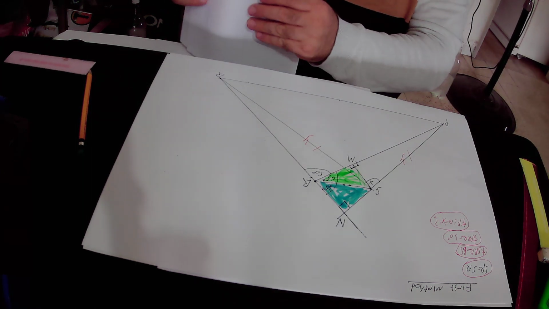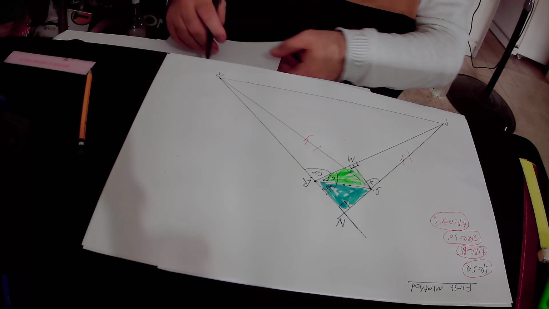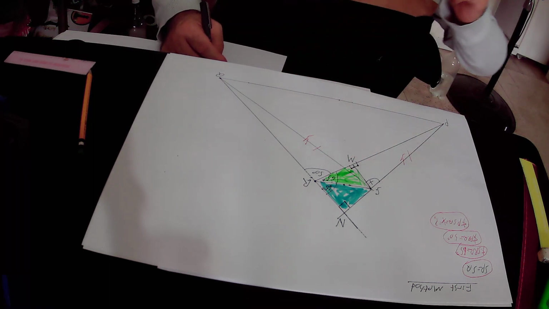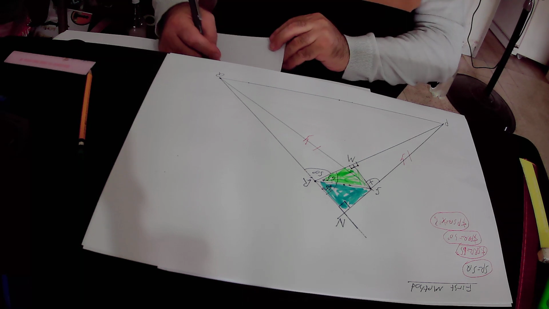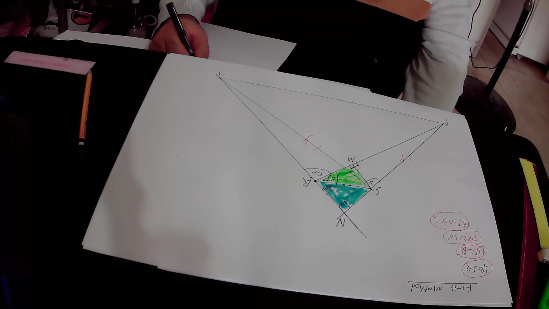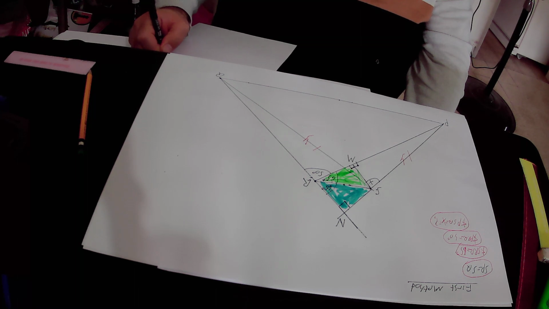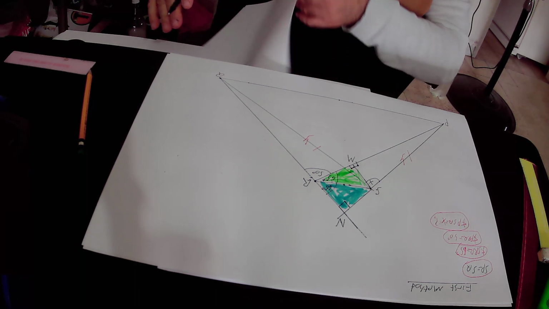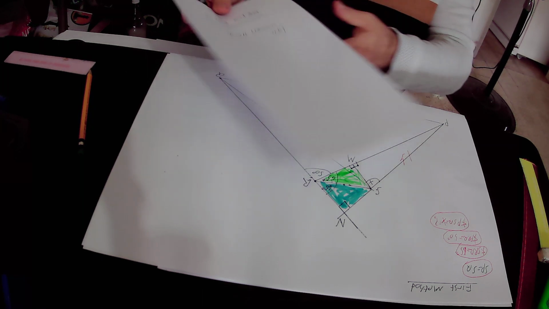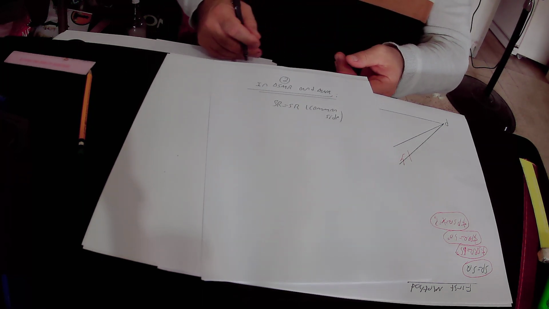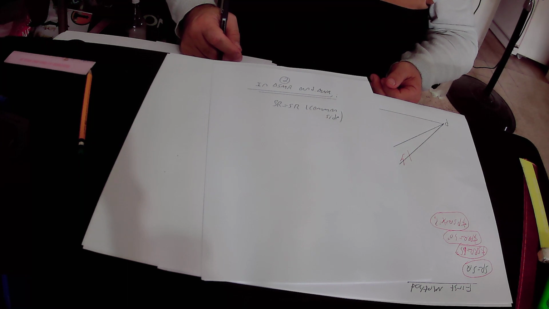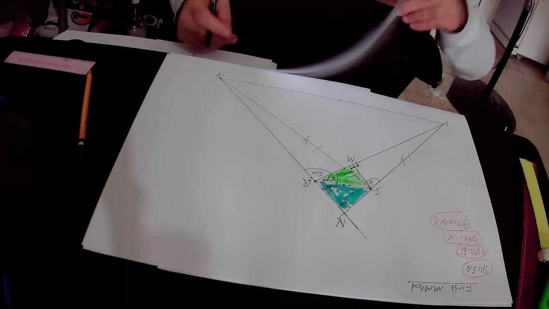So first of all, we have a common side. SR is a common side that belongs to both triangles, so we can write down that SR equals SR.